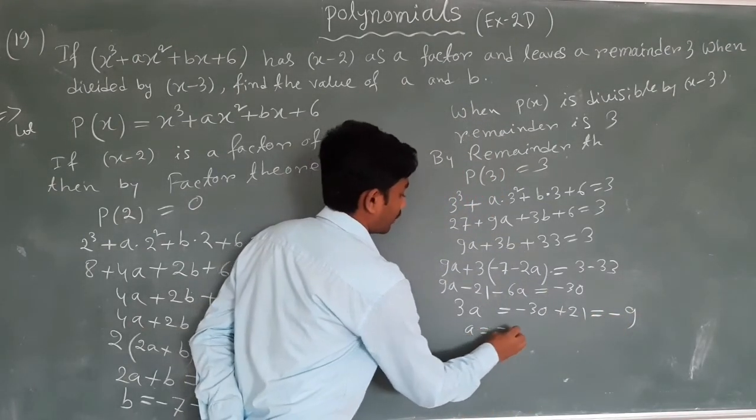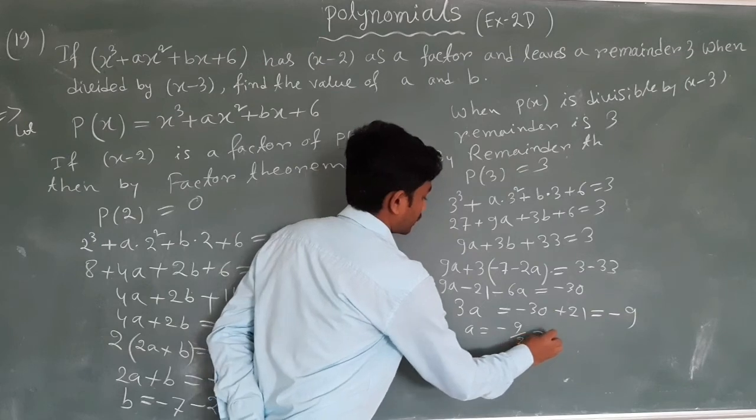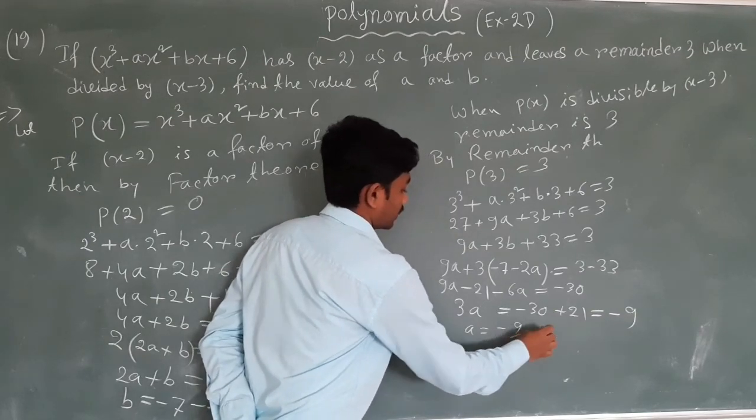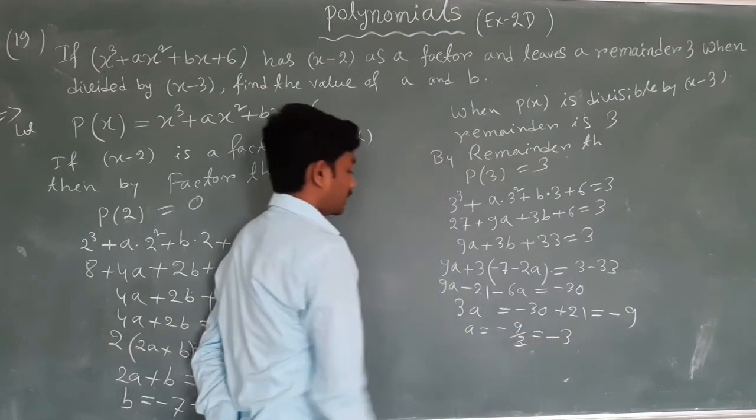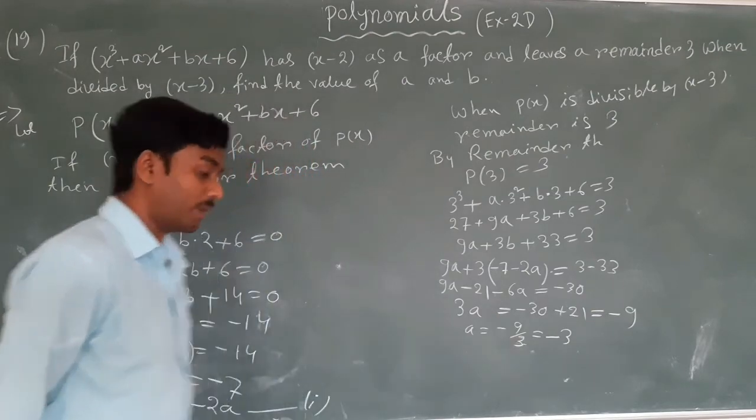So a equal to minus 9 upon 3, that is minus 3. So a equal to minus 3.